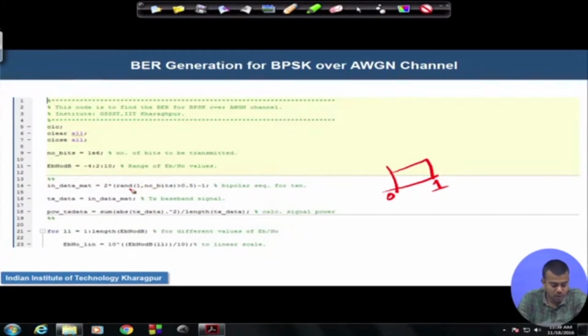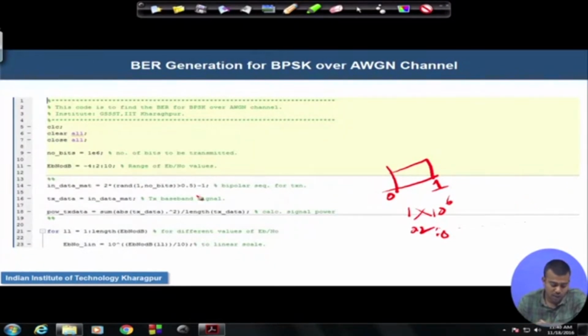Suppose you pass RAND of 1 comma 10 power 6. That means it will generate 1 by 10 power 6 numbers, and each one will vary from 0 to 1, it can be 0.2, it can be 0.8, but they are within the limits of 0 to 1.